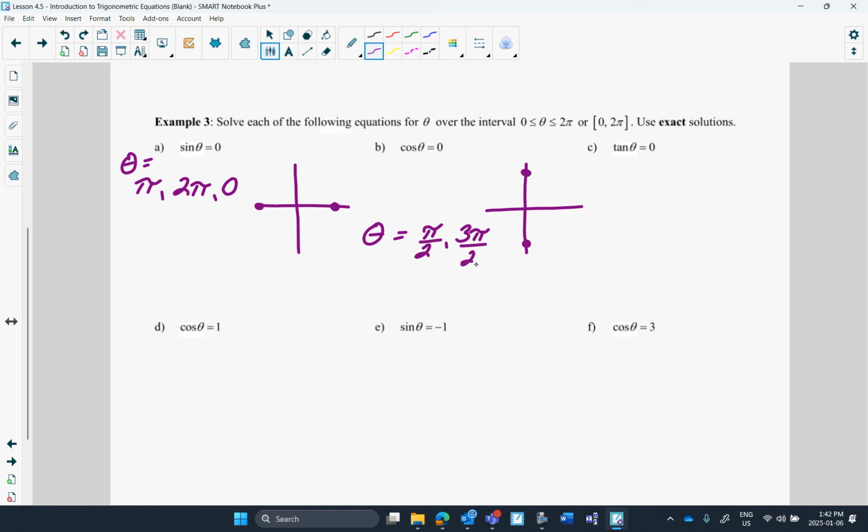This next one is a little bit different, because it's tan. And remember, tan is always y divided by x. So which points on the unit circle, when I take its y value and divide by its x value, will I get 0?